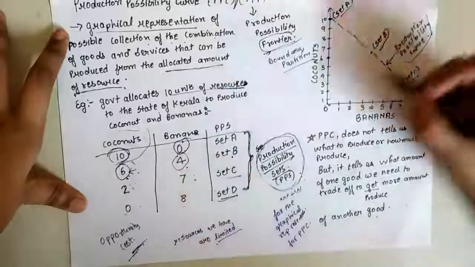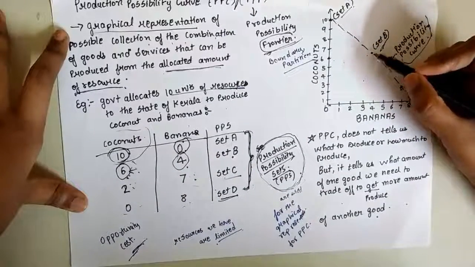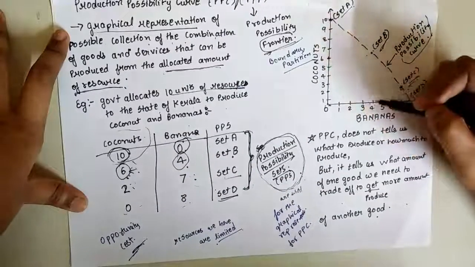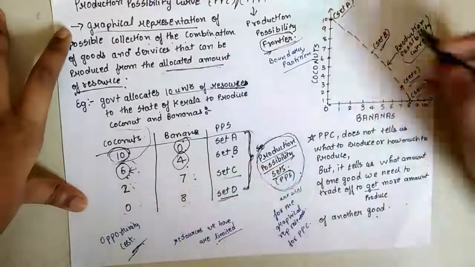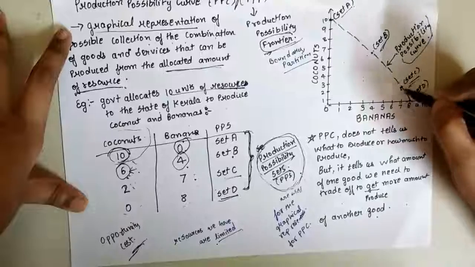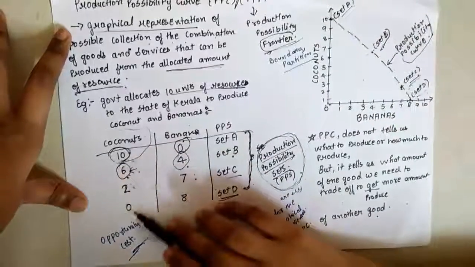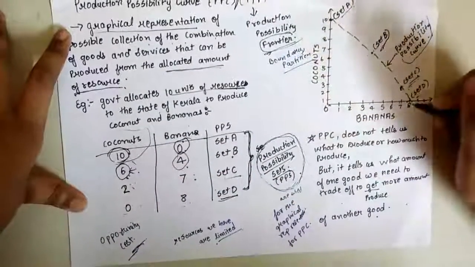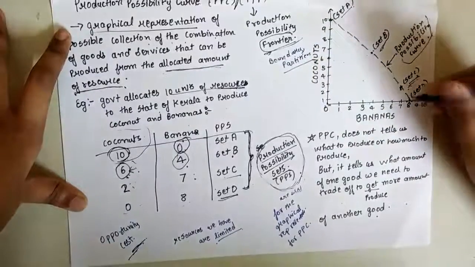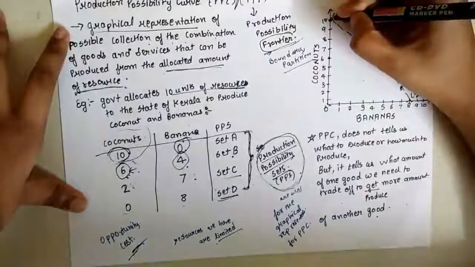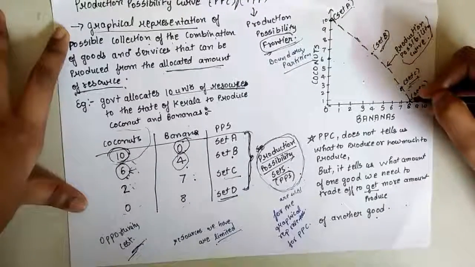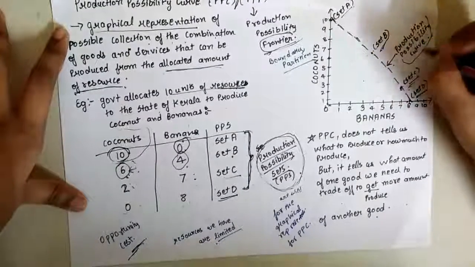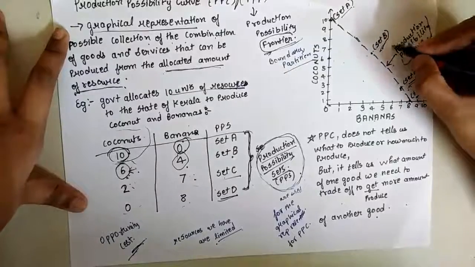Then set B will come here, it's 6 and 4. Set C will come at 2 and 7, which is 2 coconuts and 7 bananas. Set D is 0 and 8, 0 coconuts and 8 bananas. When we join these points, we get a production possibility curve.